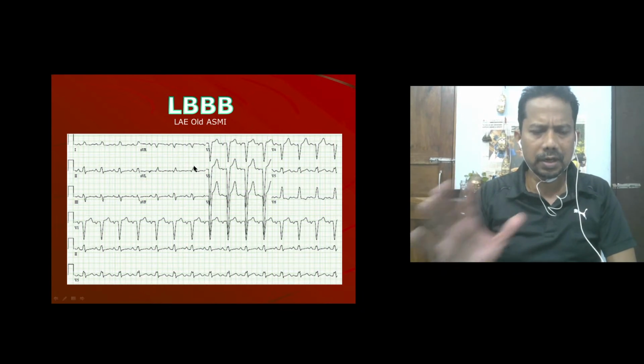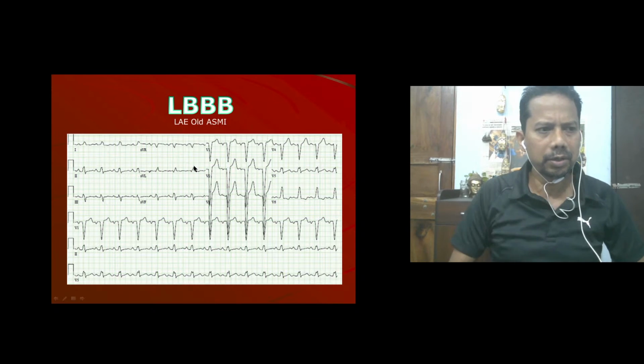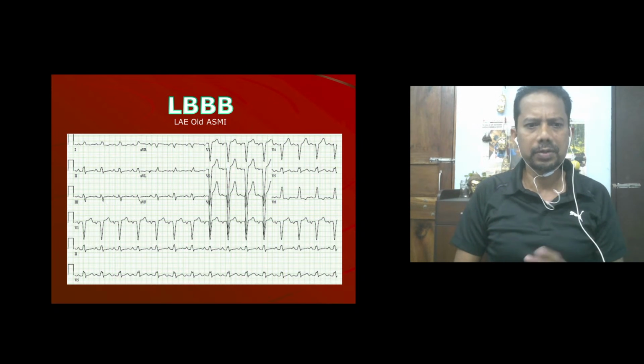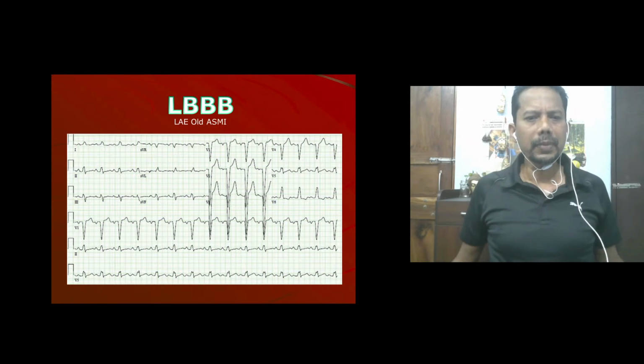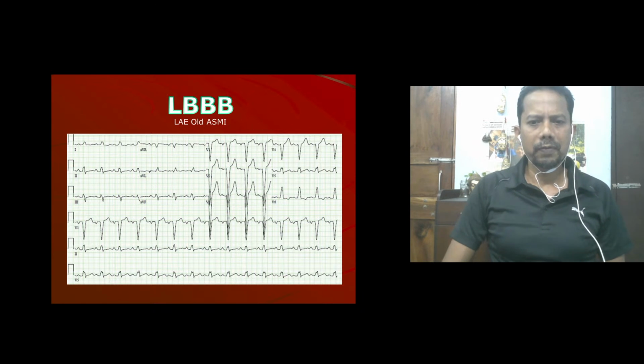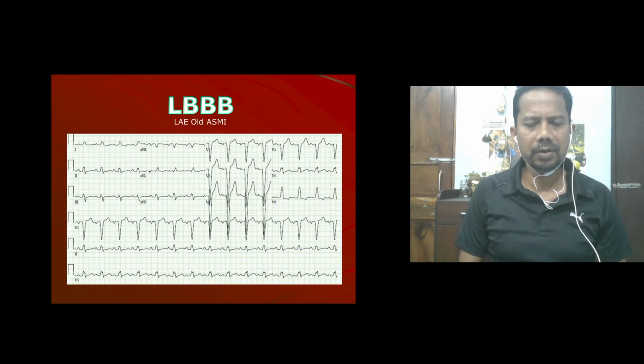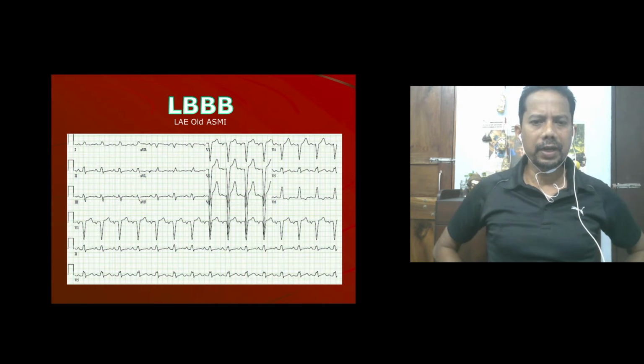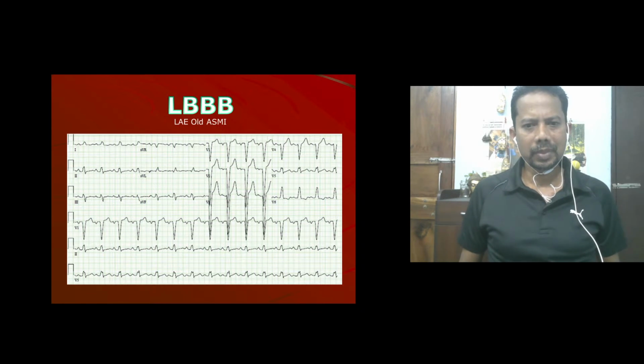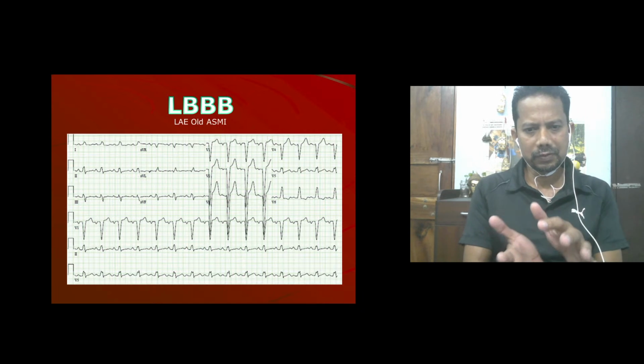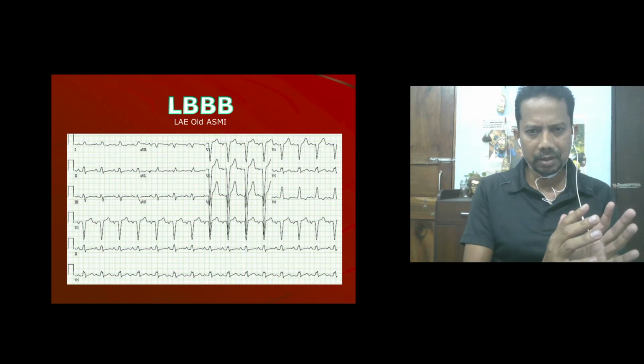After seeing around 100 or 200 ECGs, you will be masters in this and you will be able to diagnose everything very nicely. How I learned ECGs was when I was doing MD in Christian Medical College, Ludhiana. I did my MBBS also from there. When I was doing MD, as second year residents, PG students, post on call, we were given ECGs which were done in the whole hospital to interpret.